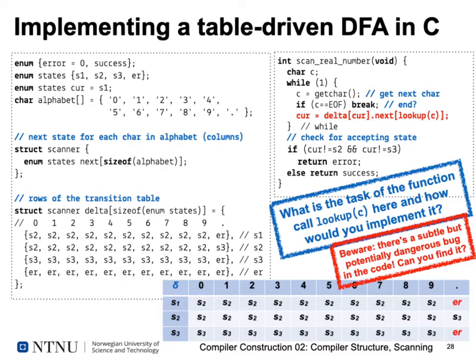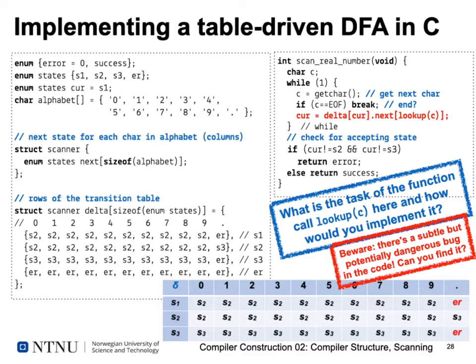So we set our current state by looking up in our table, first the line in our table that's equivalent to the current state, like the first line here, for example. And then inside of this line, we check what's actually the entry corresponding to our input character, like a 5 here, like we have S1 and a 5, and we return S2 as our current state.